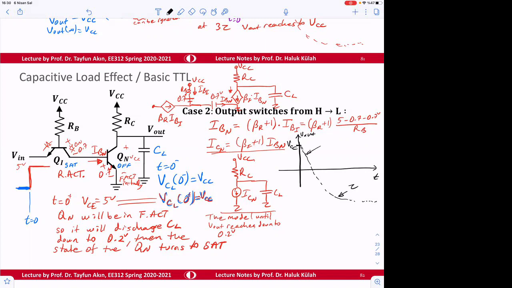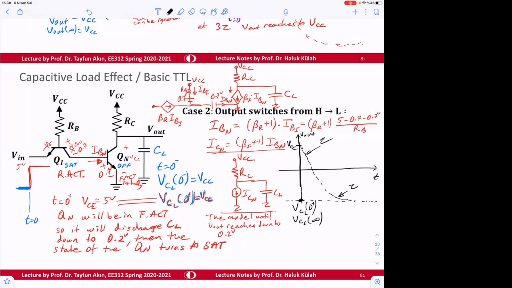So time constant is tau. So if I can find VCL or V out initially, and VCL at infinity, then that's going to be this value, right?